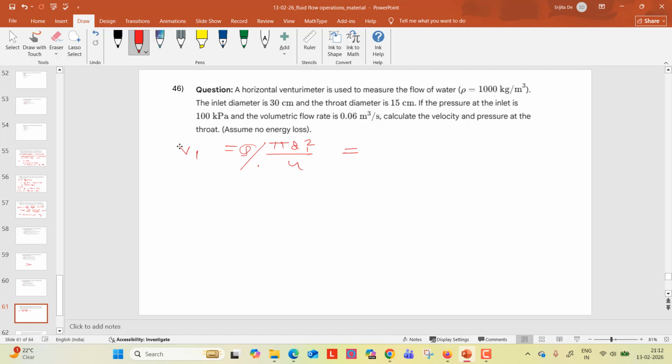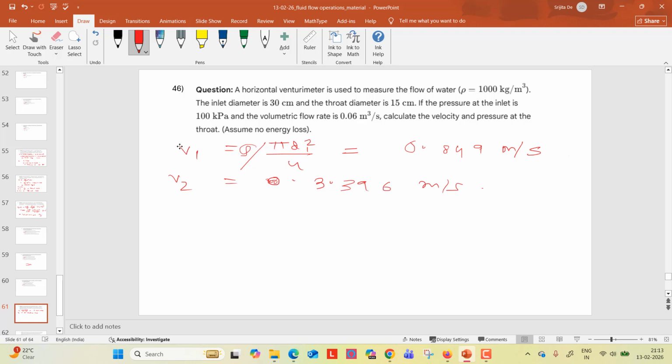It is 0.849 meter per second. Next is V2. Similarly, it will come as 3.396 meter per second.